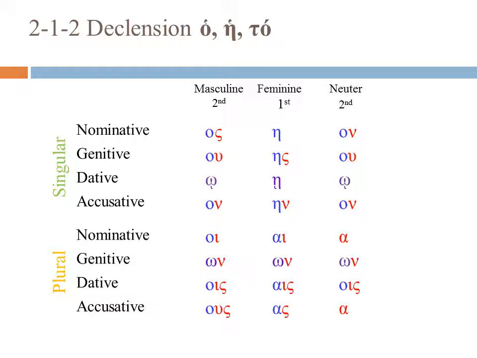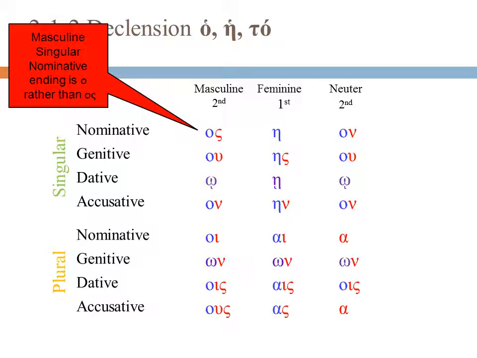There is very little difference between the endings for the definite article and for regular nouns. I want to show these to you and show you how easy it is to remember them. And if you remember them, you'll actually remember all the endings for the nouns that are important. So let's look.